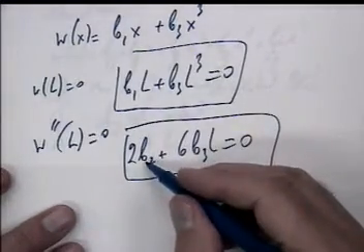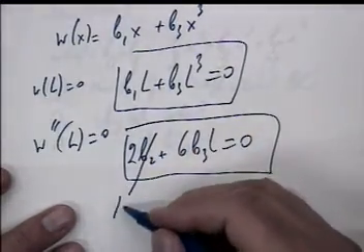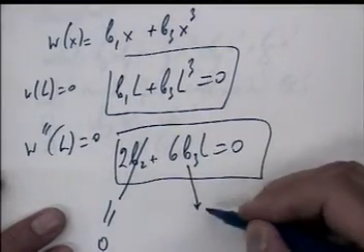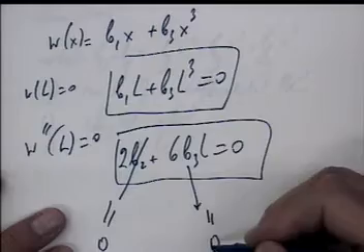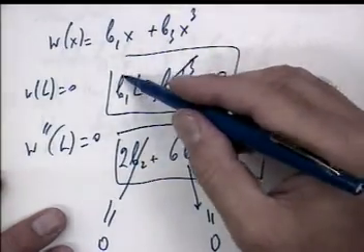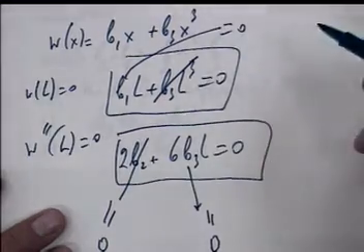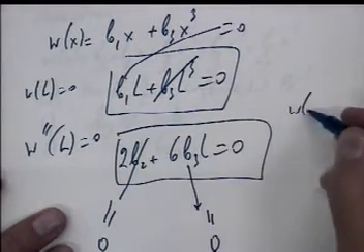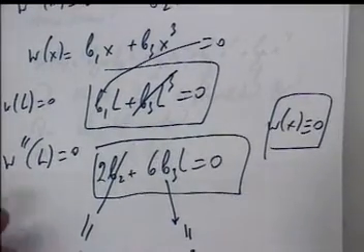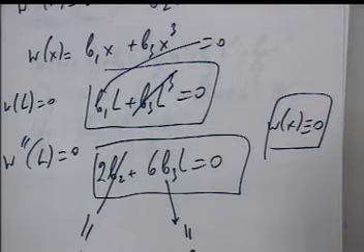But b2 is 0, we said. If that is the case, then b3 is also 0. If b3 is 0, then this is 0. Then b1 is also 0. Then everything is 0. Okay? So if we take a third order polynomial, then it must be 0.